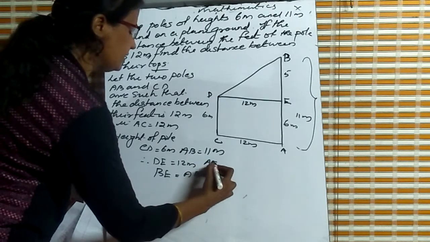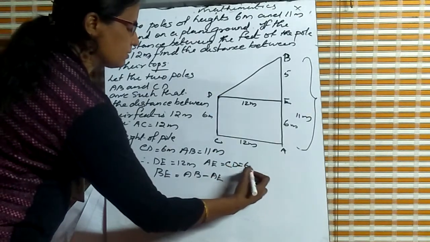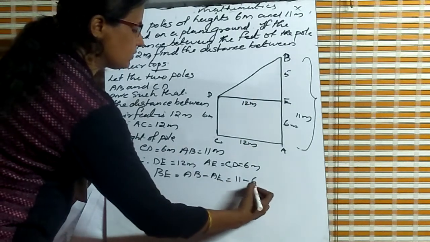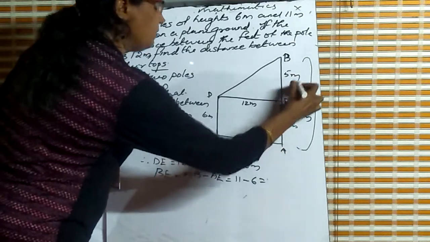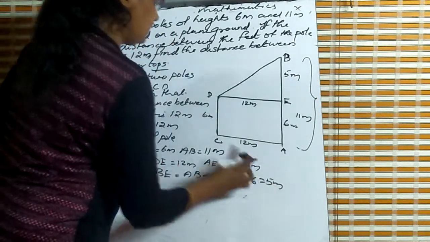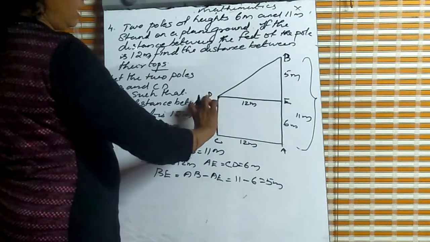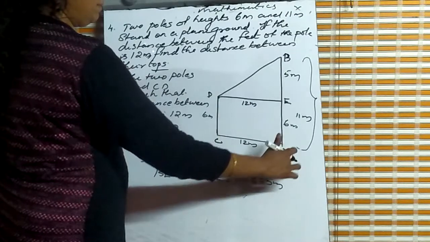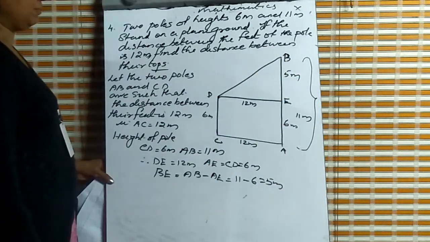Also AE equals CD equals 6. AB 11 minus 6, BE is equal to 5 meter. This distance is given 12 meter, so this also 12. And this is 6, so this also 6. AB height of pole is 11, so this BE distance is 5 meter.